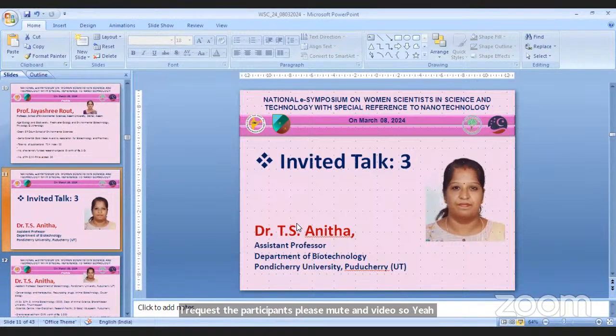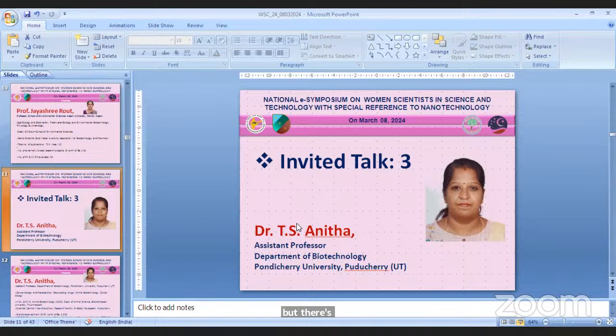So Anita is from Pondicherry University, and her area of research is cancer biology and therapeutics and the repurposing of drugs, which includes animal biotechnology, ocular biology and all. She completed her master's and PhD in animal biotechnology from Bharathidasan University, Tiruchirappalli, and also works as a scientist at CIDRF, Sri Balaji Vidyapeeth, Puducherry.